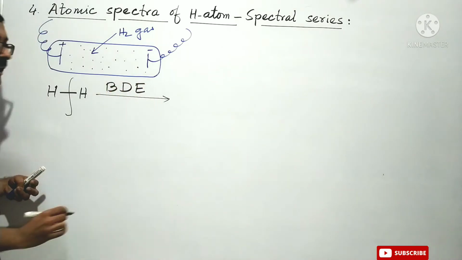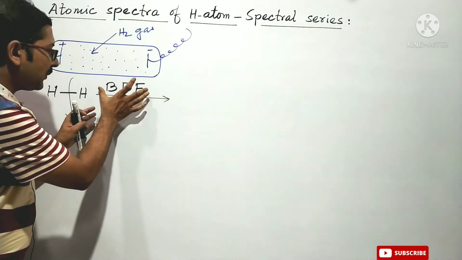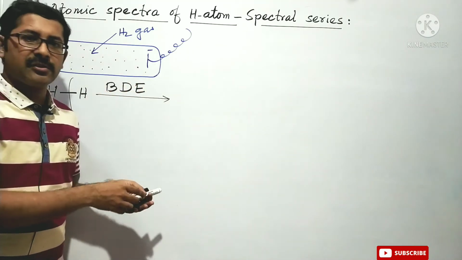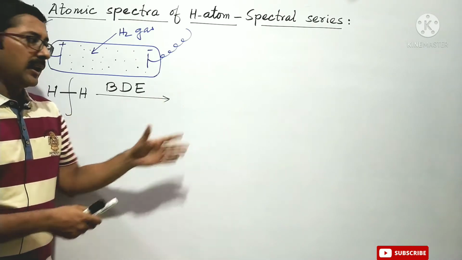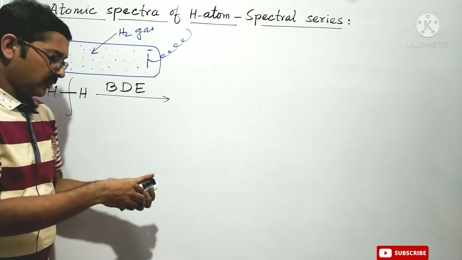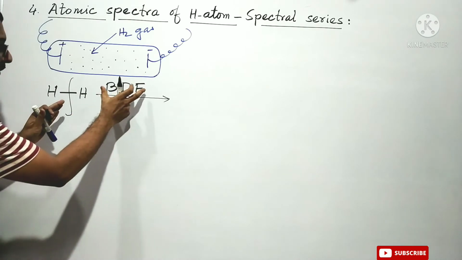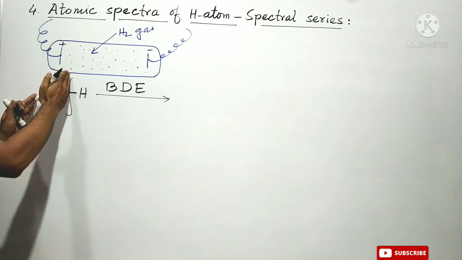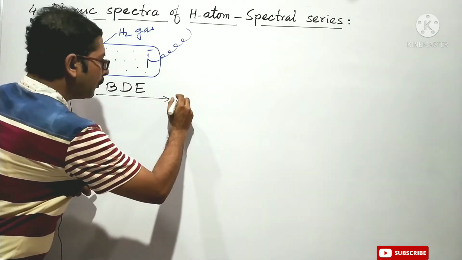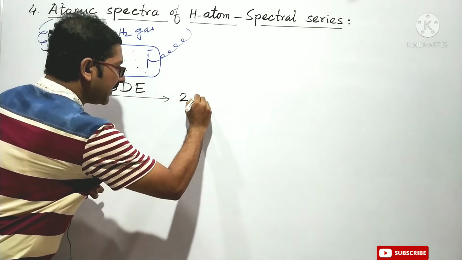This is BDE. We will learn about this term in thermodynamics, in the Born-Haber cycle of chemical bonding, and it has many applications. Okay, so bond dissociation energy is the energy required to break this hydrogen bond to produce hydrogen free radical.